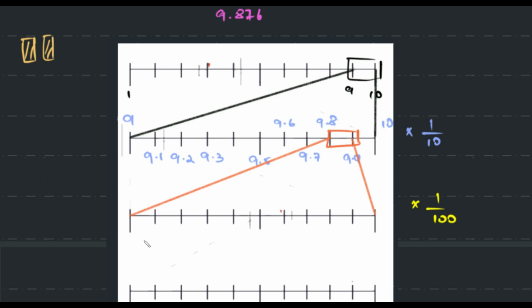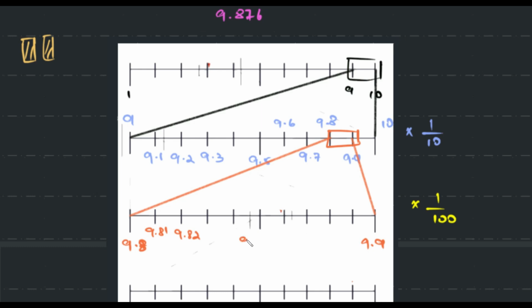100th. So basically this is 9.8 to 9.9. And this will be your 9.81, 9.82. So we are looking at 87.